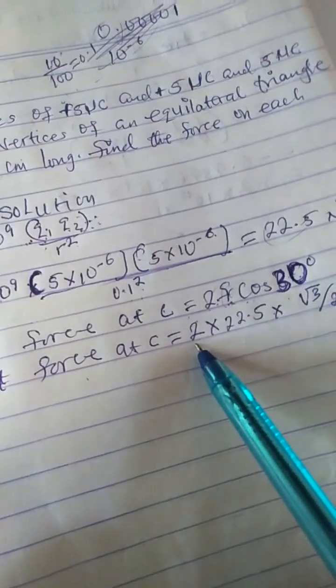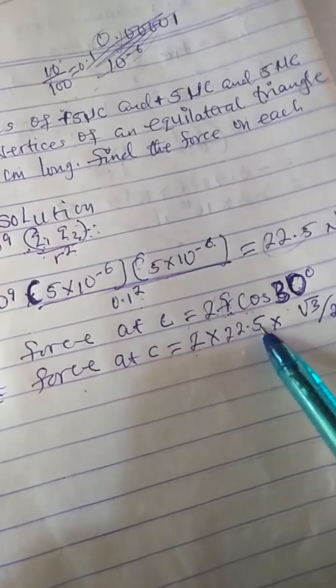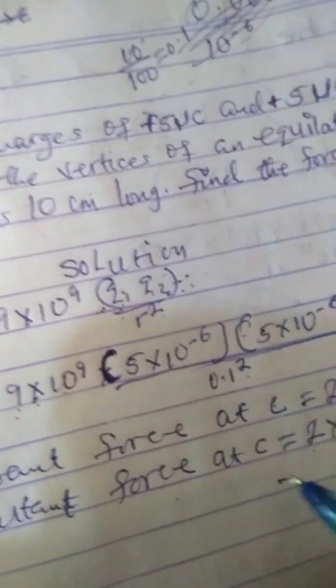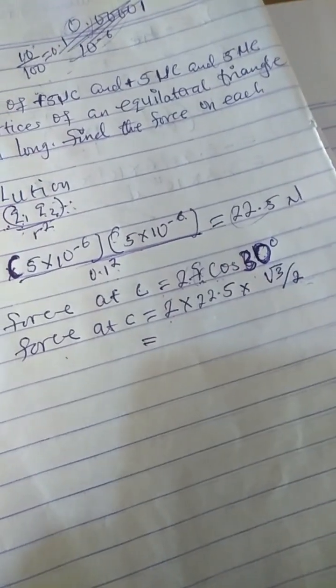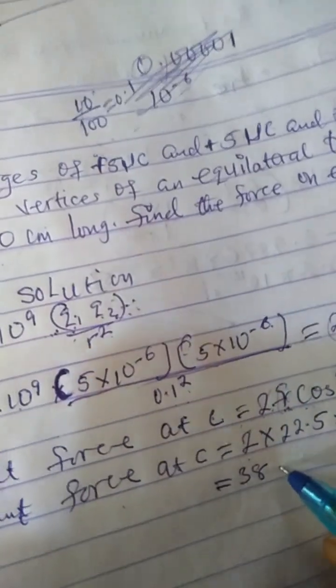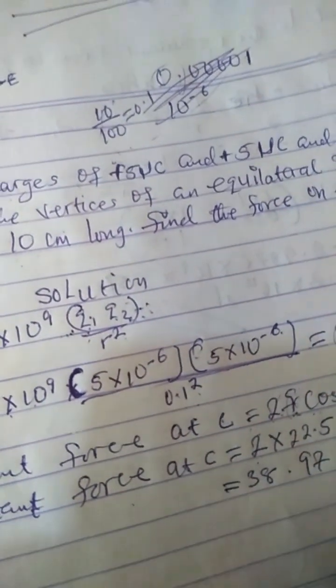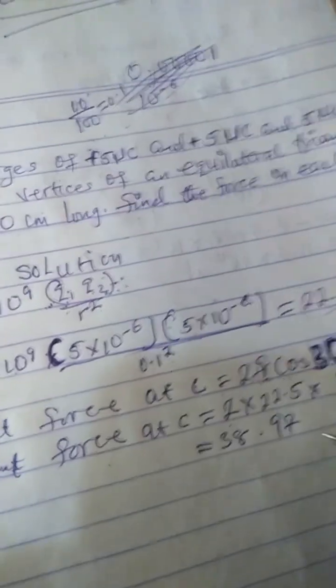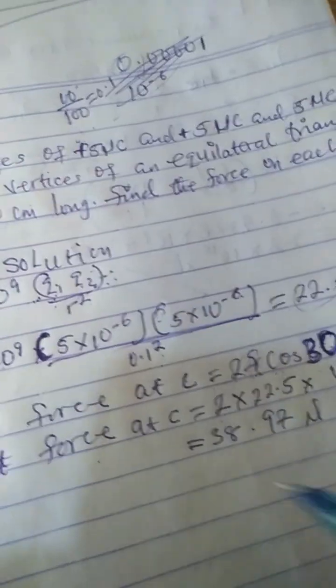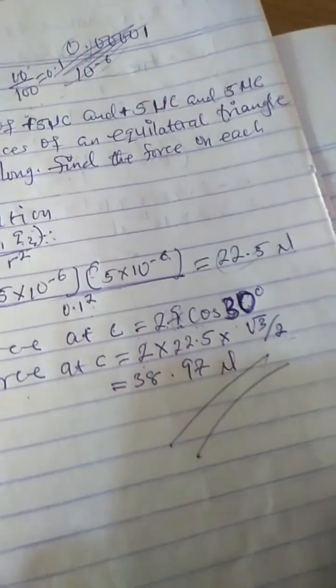So if you punch 2 times 22.5 times this expression, what are you going to have? All right, you are correct. You are going to have 38.97. Now you bring your Newton, measured in Newton. Then this is the final answer.